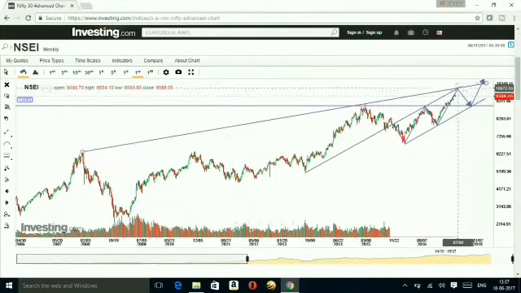So this is the level which I expect Nifty to touch and retrace back to 9,000 levels, following a cup and handle pattern, and the target over here is 10,000. As per the pole and flag pattern on the hourly chart also, I am getting the same level of 10,000. So friends, let's expect Nifty to touch 10,000 first, and then we can expect profit booking or correction, and it can fall back to 9,000 levels, and then it can take support and again rally towards 11,000.